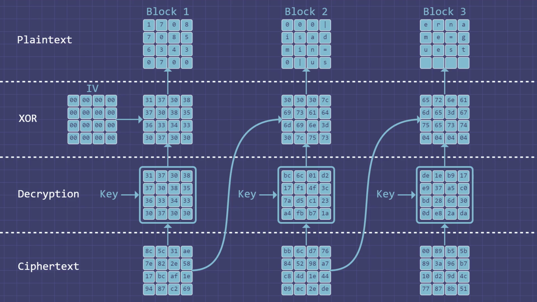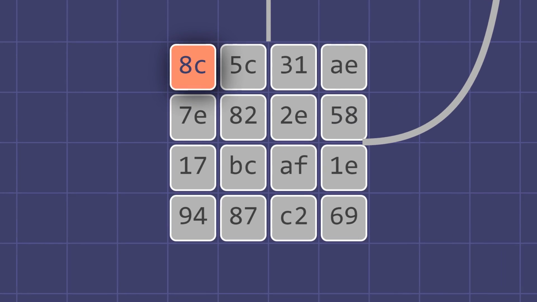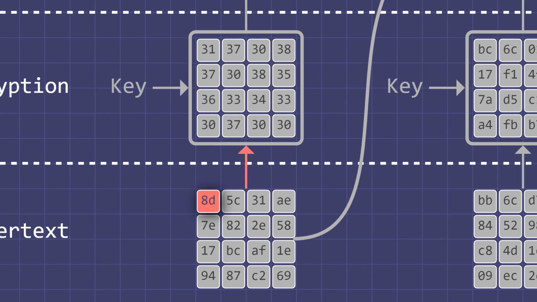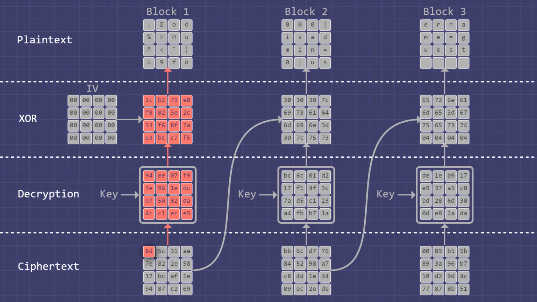For example, if the attacker changes the first byte of the ciphertext, in this case it increments the byte by 1, this change will propagate through the decryption of the first block until the plaintext. The plaintext will contain garbage now, because that single byte changed the whole decryption of the first block.